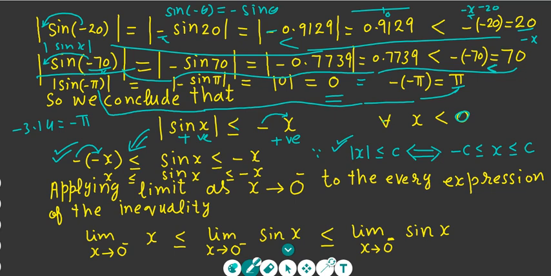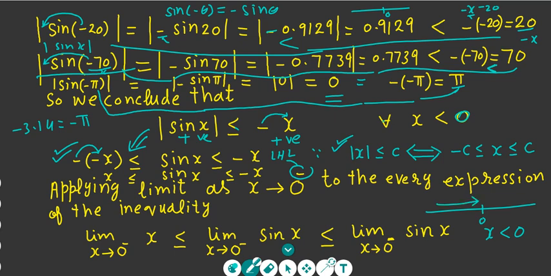Now we apply the limit as x approaches 0. Here this minus shows that we are taking the left hand limit. As in this case we are taking negative real numbers, we can approach 0 from the left hand side.